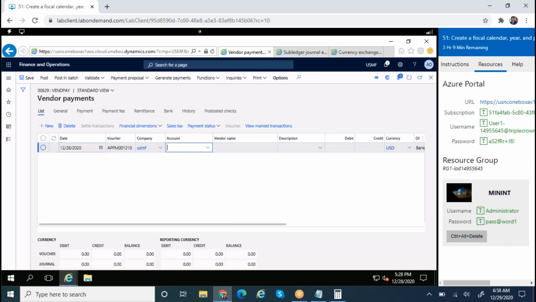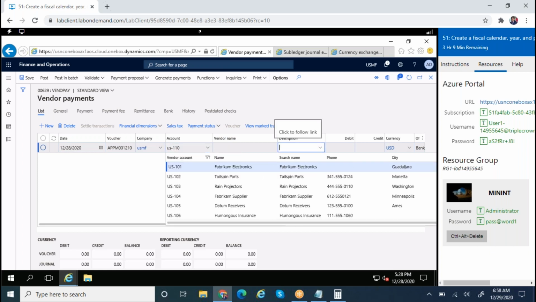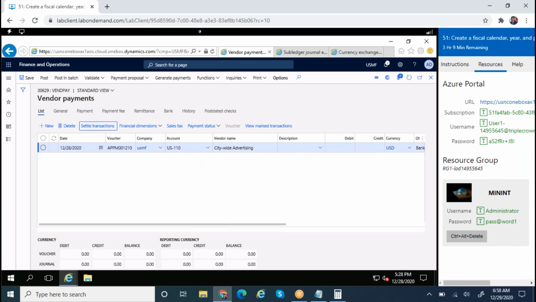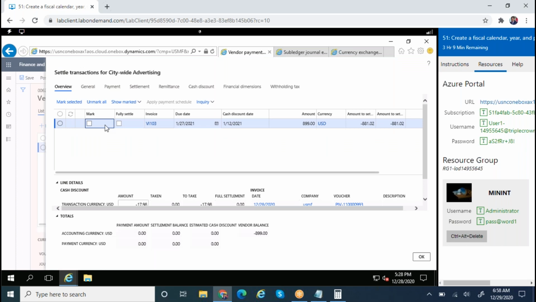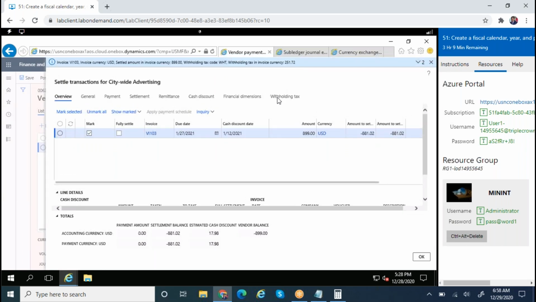Now select the vendor account, US 110. Now settle the transactions. If you look at this mark, it will show withholding tax.